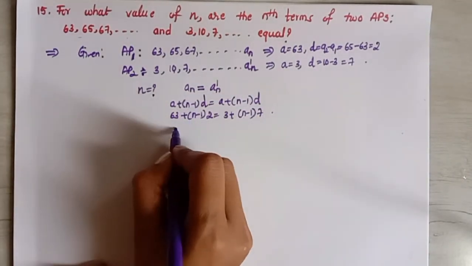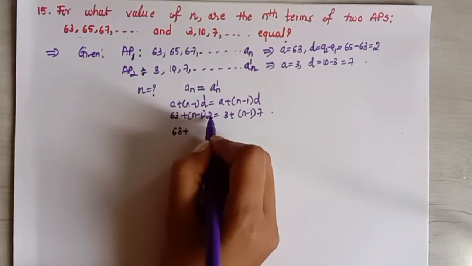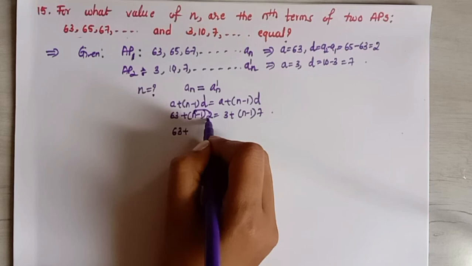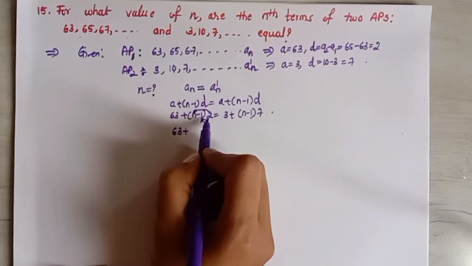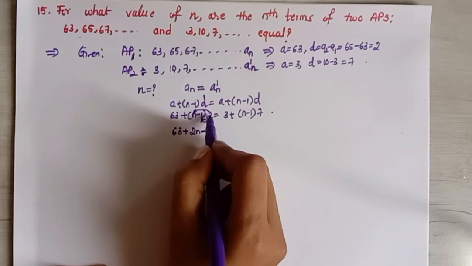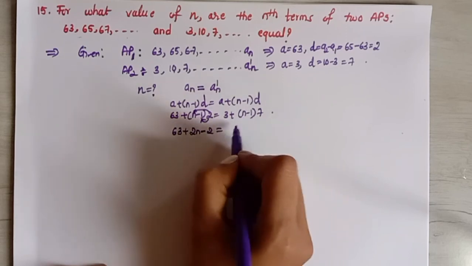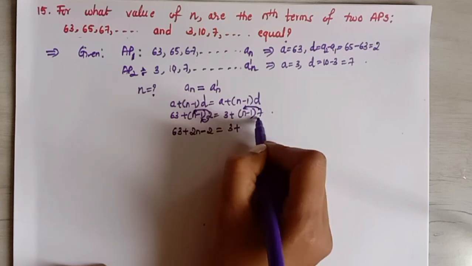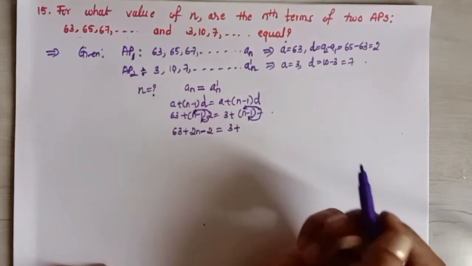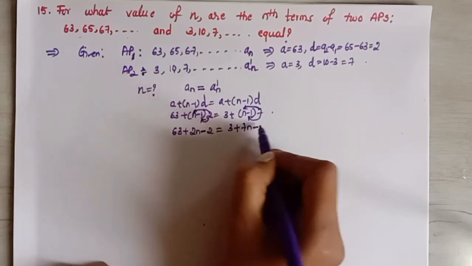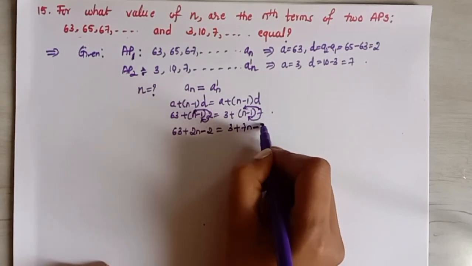So 63 plus, let us multiply this 2 to the first term and then to the second term. So 2 into n is 2n, sign as it is, minus 2 into 1 is 2, which is equal to 3 plus, let us multiply 7 to the first term and 7 to the second term. So 7 into n is 7n, sign as it is, minus 7 into 1 is 7.